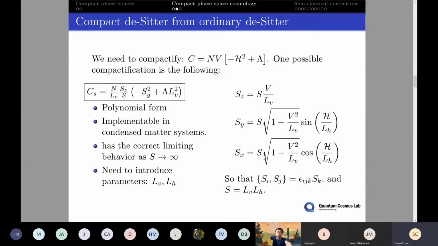So we're compactifying this Hamiltonian here. One possible compactification is the following, where we're introducing two scales, LV and LH, and these are parametrizing how big the volume and the Hubble parameter are. So we're essentially choosing a spherical compactification of the phase space, and we're parametrizing this spherical phase space with spin variables.